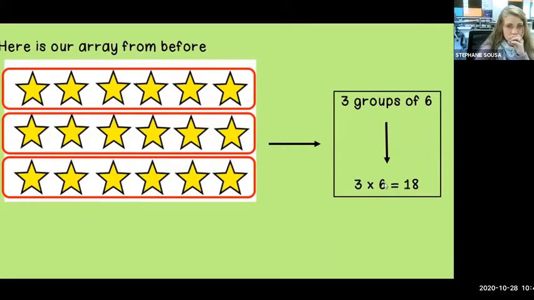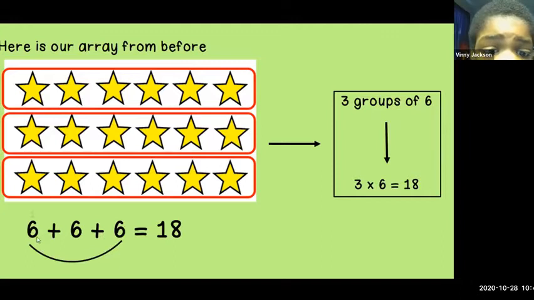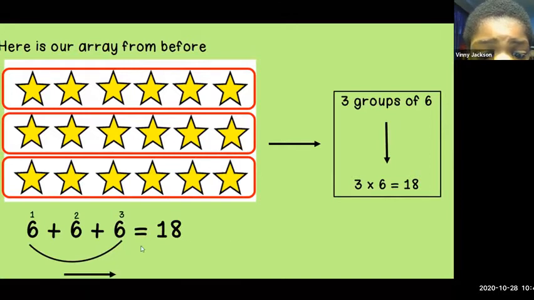You can think of the X as a faster way to write groups of. Let's have a look at our repeated addition sum. 6 plus 6 plus 6 equals 18. I have 1, 2, 3 6s in my repeated addition sum. So 3 6s equals 18.